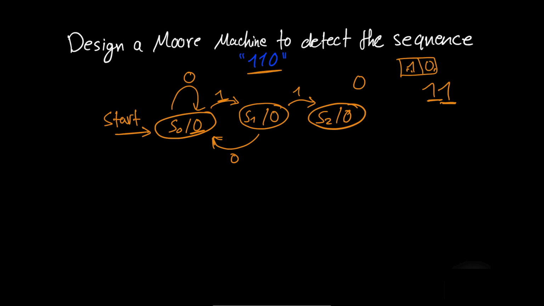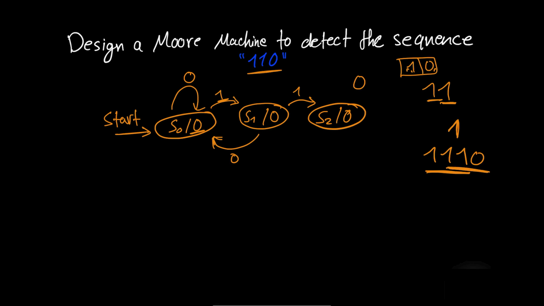Now that you are in state 2, let's say you press a 1. Now what will happen if you press a 1? Basically what we inputted so far is 1, 1, 1. Now basically we are only still missing a 0, because if you write a 0 right here, the sequence would be completed and boom, you would win.